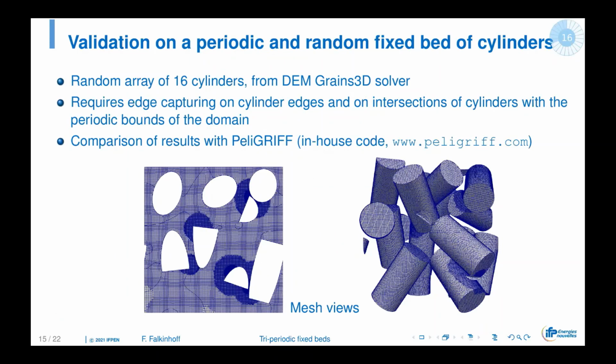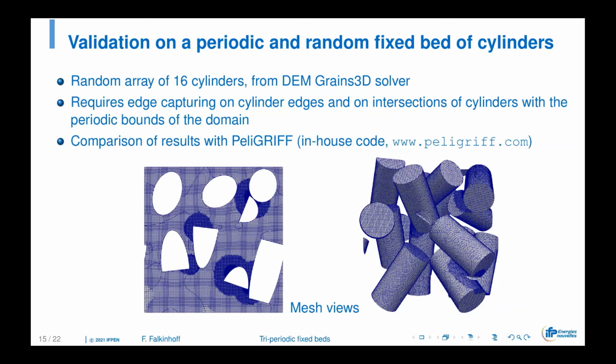We have then performed validation on a periodic and random fixed bed made this time of cylinders. So we have here an array of 16 cylinders made with the DEM solver Grains3D. For those who want to go a little bit further, Grains3D is also coupled with the PeliGRIFF solver.